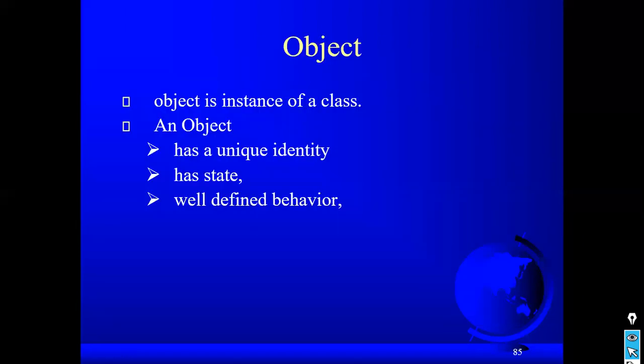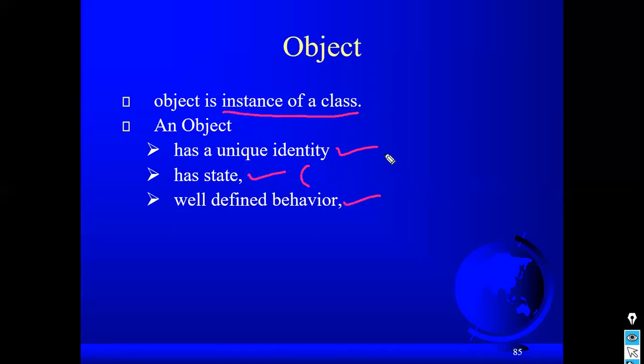Object. Object is called an instance of a class, which has a unique identity. Every object will have a unique identity, a state, and a behavior.